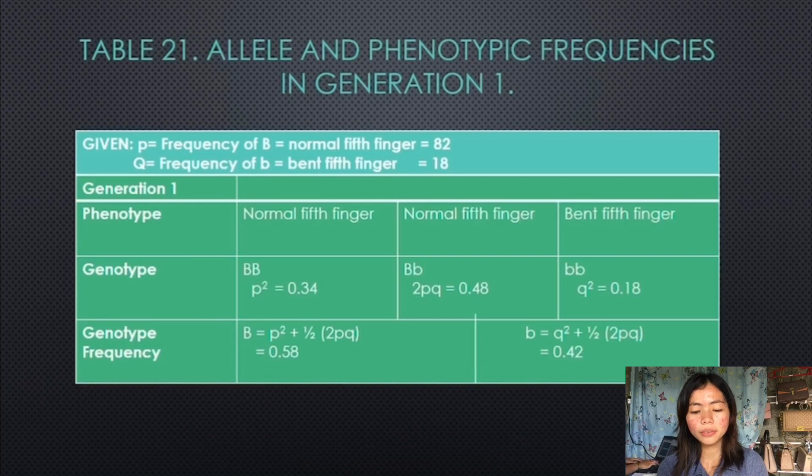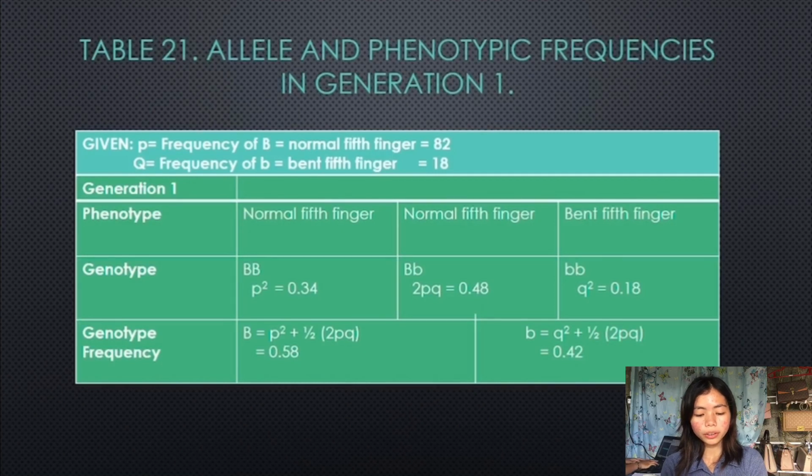After finding the allelic frequencies of P and Q, we can now find the genotypic frequency with the formula P squared plus 2PQ plus Q squared equals 1. P squared is the homozygous dominant, 2PQ is the heterozygous, and Q squared is the homozygous recessive.